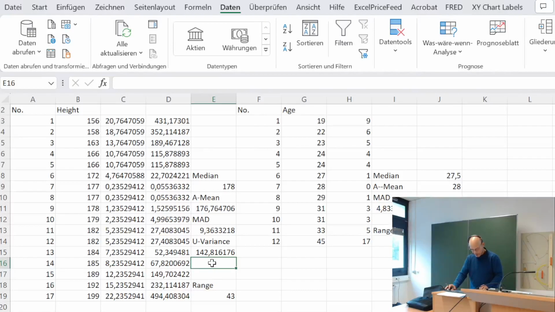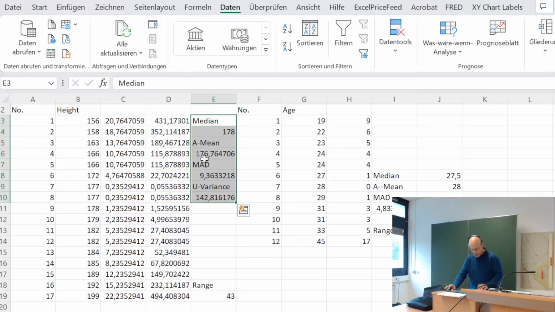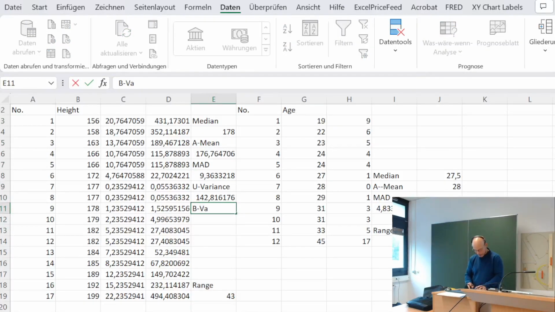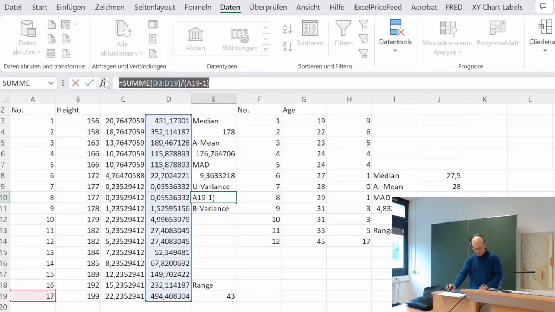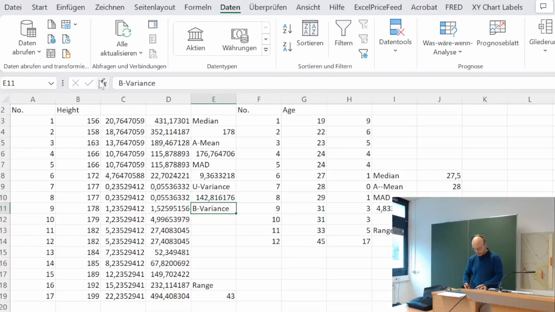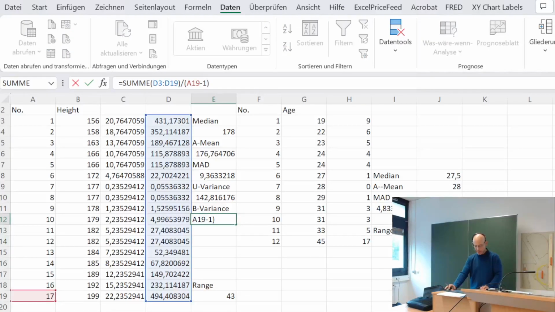And this up here, the biased variance, for this we just can use the same formula, put it here, and we skip the minus 1 here.